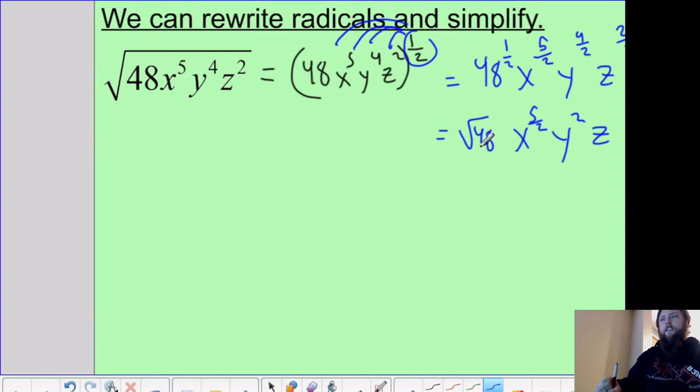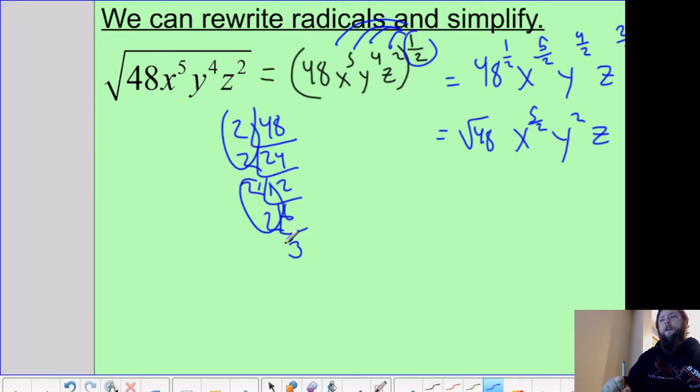If I wanted to simplify this square root of 48, maybe I just go to the step method right here. Take out a 2 and get 24. 2 and get 12. 2 and get 6, 2 and get 3, pair, and alone. So that's going to become 4 square root of 3. And this x to the 5/2 power can be written as an x squared times another x to the 1/2 power.